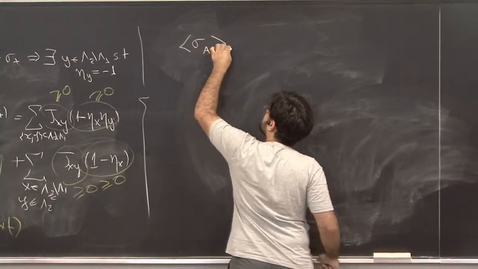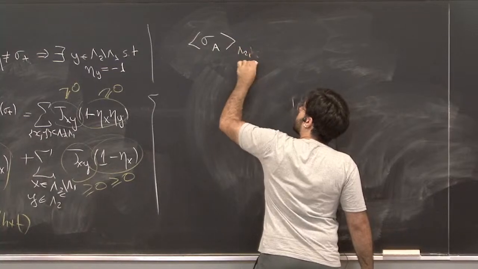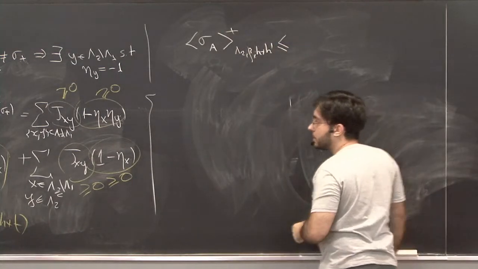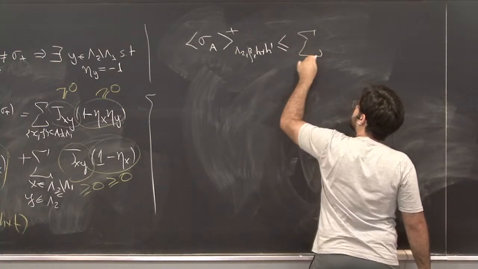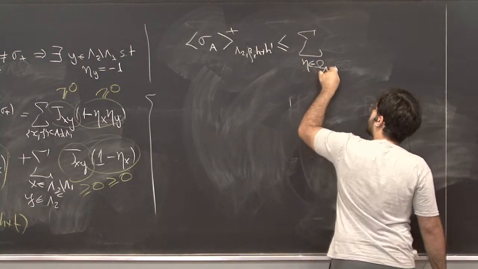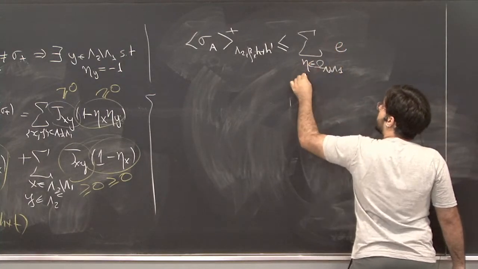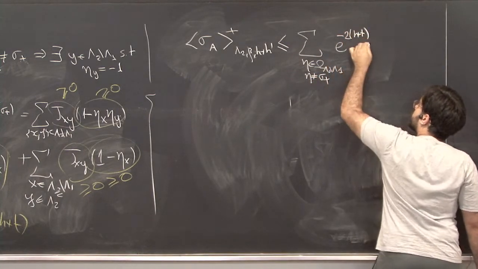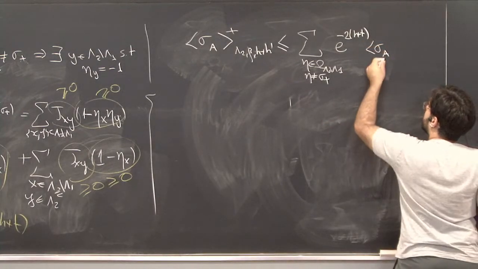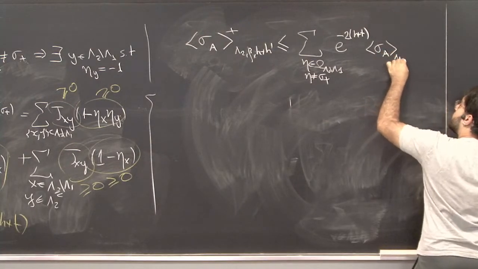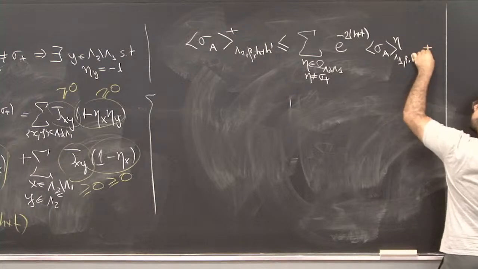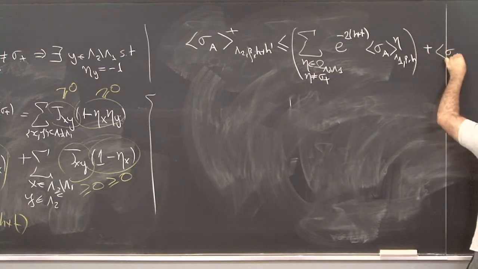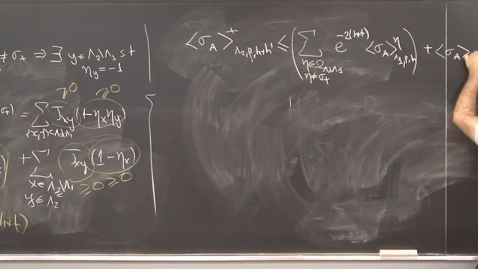sigma a lambda 2 beta h plus h prime, the plus boundary condition, will be less than now the sum over all the boundary conditions here of exponential, the boundary conditions that are different, okay, from sigma plus, 2h plus t times sigma a and lambda 1 beta h eta, this term right here, plus what we want, lambda 1 beta h plus, okay?